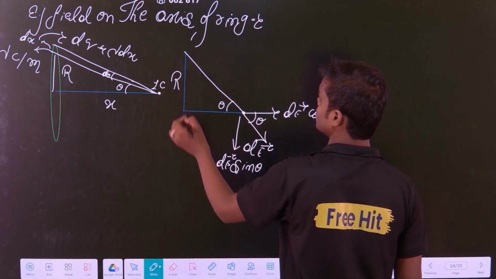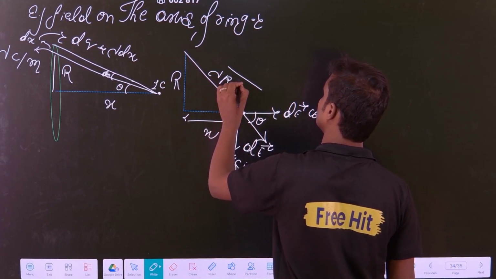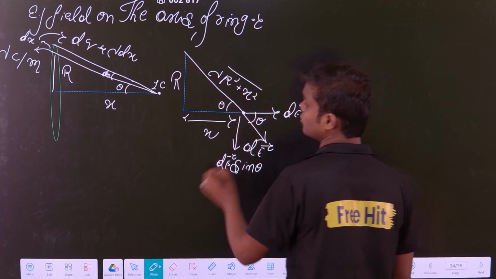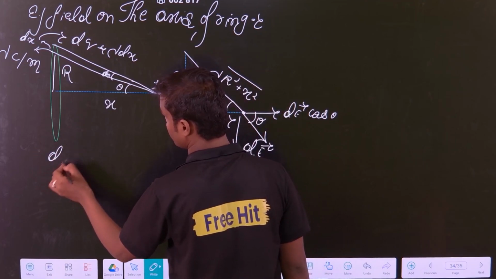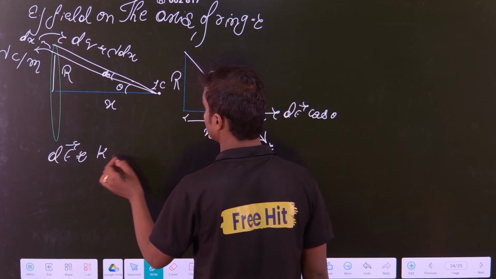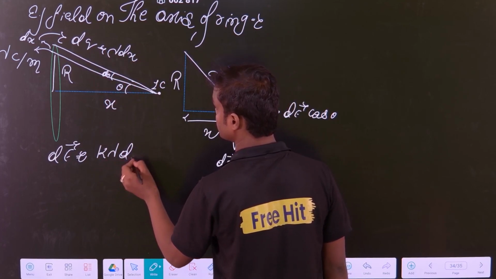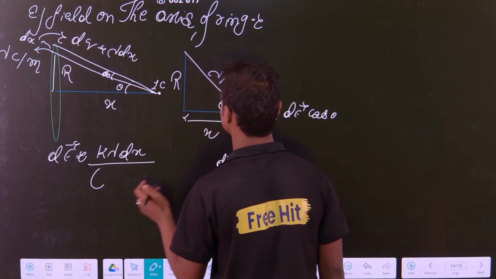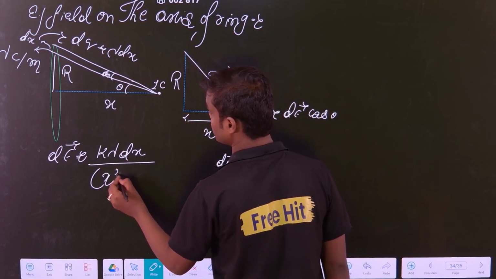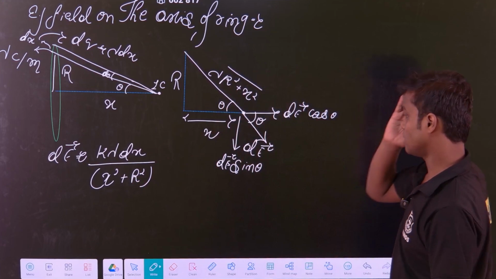If this is r, this is x, so this distance will be root over of r square plus x square. So can you write my dE? My dE will be how much? K, q, q is how much? dq, dq is lambda dx, divided by, what is the distance? That is x square plus r square, correct? Any doubt till here? No doubt.